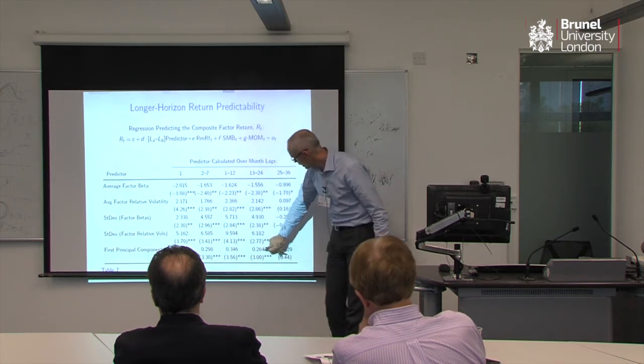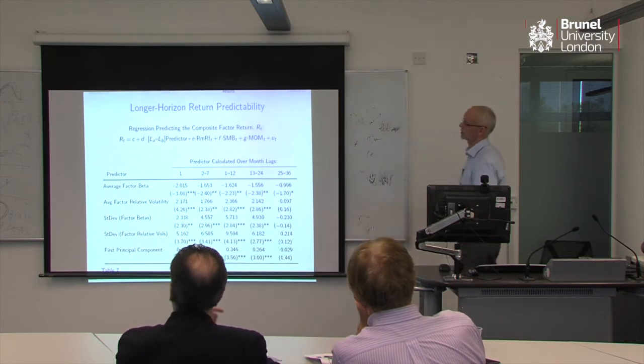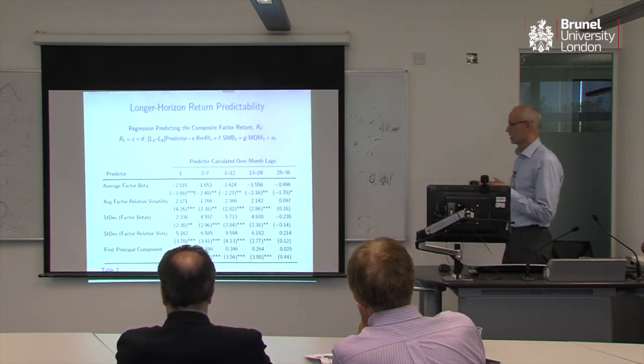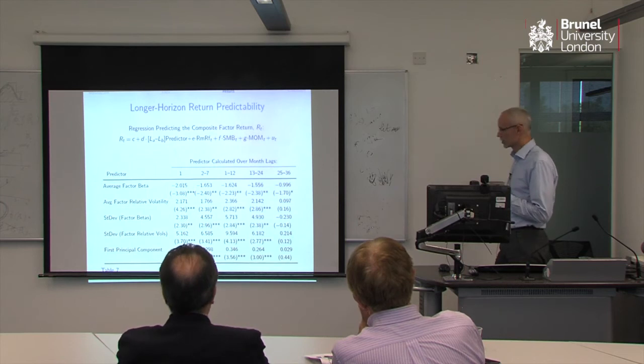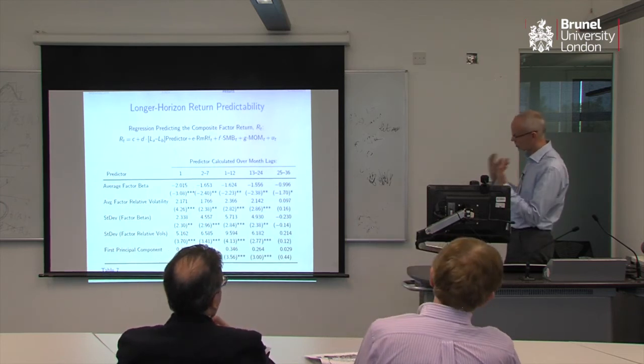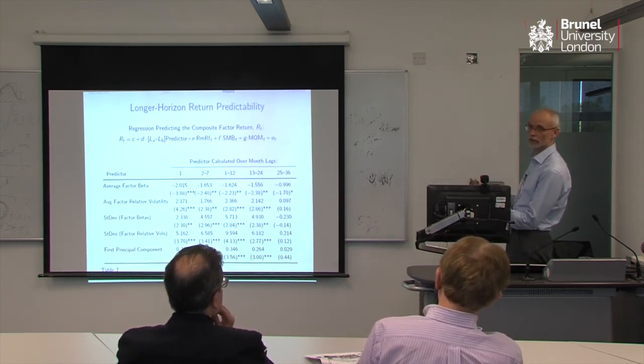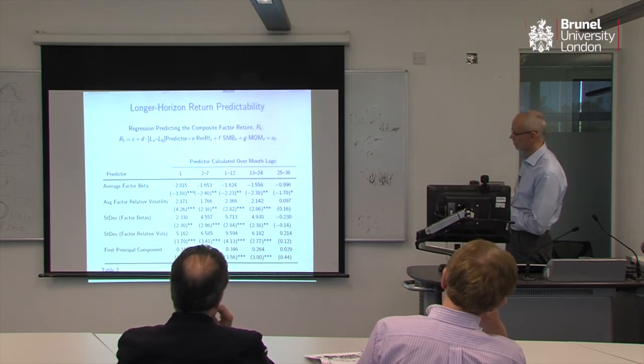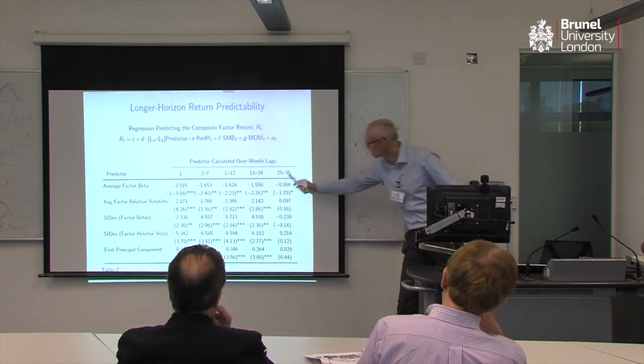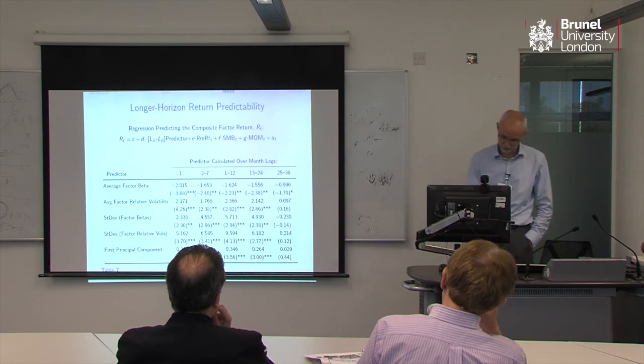All right, so effectively what we find is that the predictor variables are successful up to 2 years in the future in predicting factor returns. And there's nothing essentially in the third year.